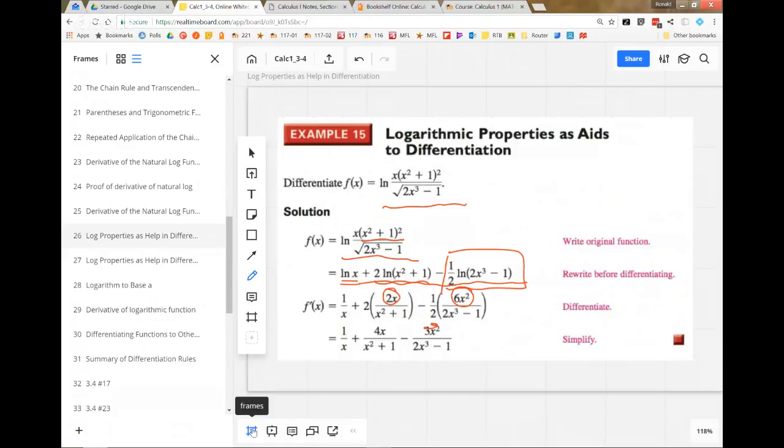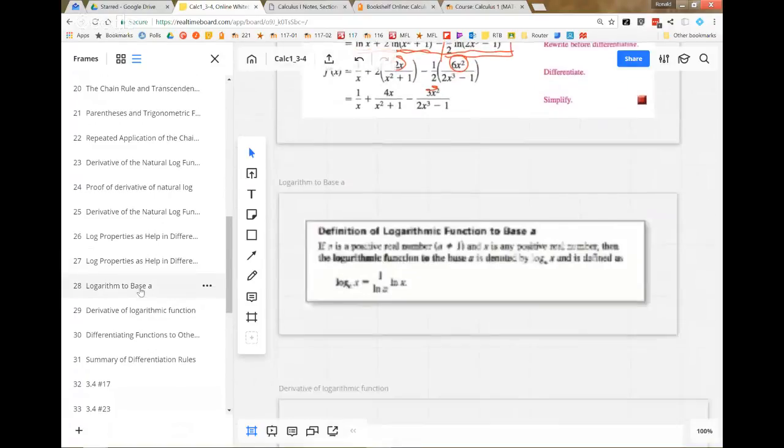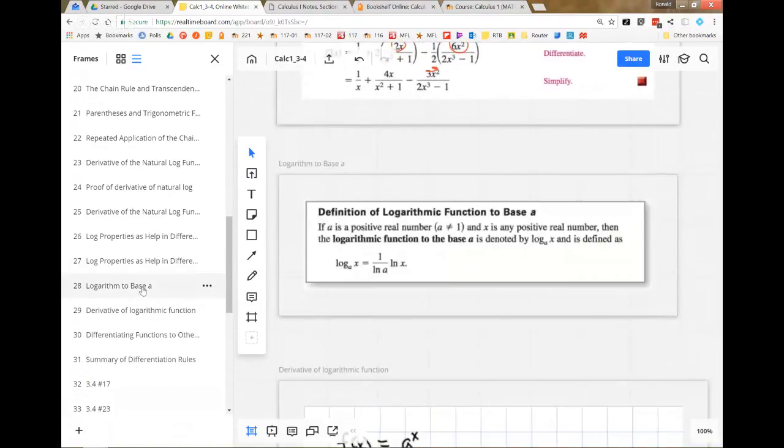All right, so the next thing I want to do then is, when you take the logarithm to a different base. So up until now we've been doing natural logs, which are base e, log base e.